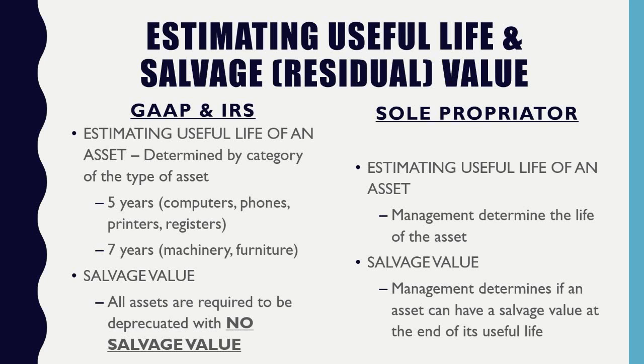Because as a sole proprietor, your likelihood of using your fixed asset is definitely at a smaller scale. You're not going to be printing thousands and thousands of pages if you buy a printer. So easily a printer can last you at least 10 to 15 years, depending on how often you print.